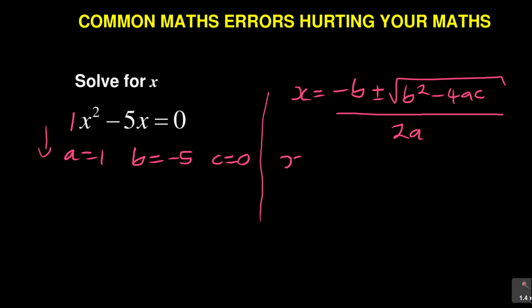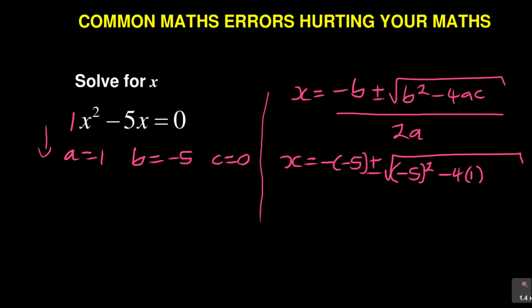So you're going to have x is equal to minus b, which is minus minus 5, plus or minus the square root of, remember that error, minus 5 squared minus 4. Now my a is 1 and my c is 0. Then you divide that by 2 times 1.